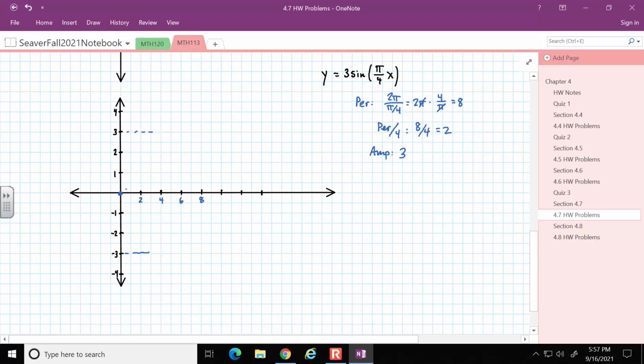Am I going to go up or down? I'm going to go up because it is a sine function. So I'm going to go up to here. And then at 4, where would I be? Back to the center line. What about at 6? -3. And then at 8, you're back at your center line. So that gives you those points.